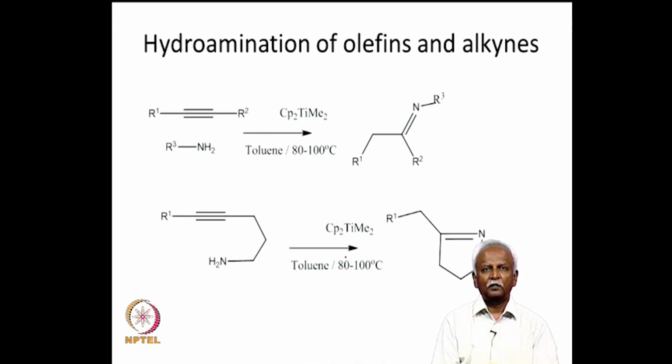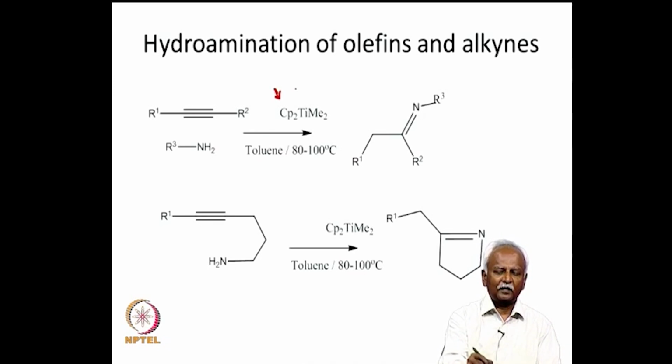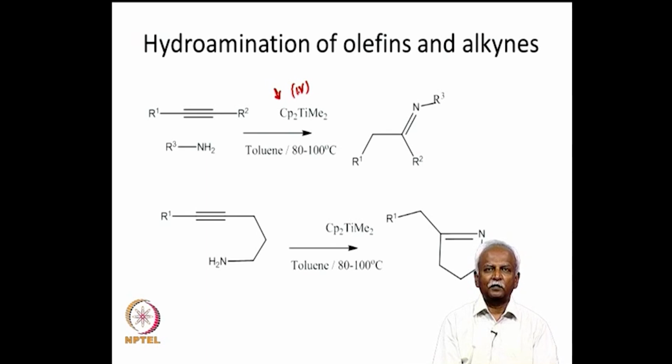I have listed out one catalyst, which is a titanium 4 species. Obviously, the titanium 4 species is not the one that will carry out an oxidative addition reaction, but the reaction mechanism is similar to what we had studied for the metathesis reaction itself.